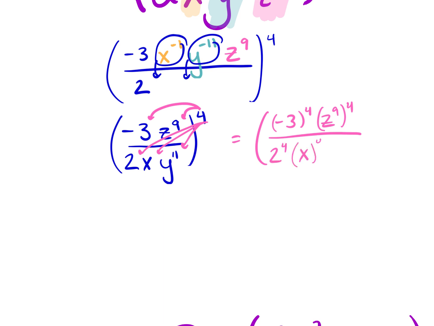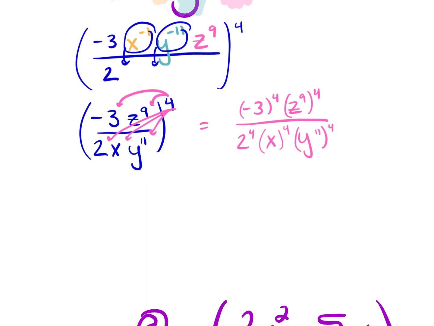X to the 4th power. And y to the 11th power to the 4th power. We distributed, so we don't really need the parentheses around the whole thing. But let's work it out. What's negative 3 to the 4th power?